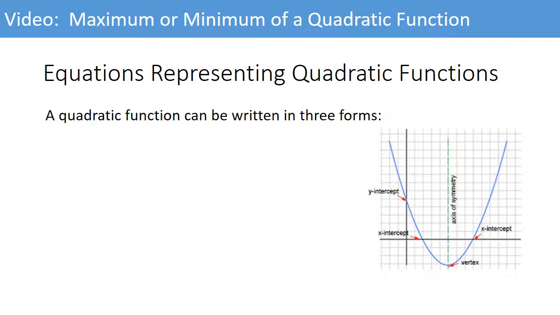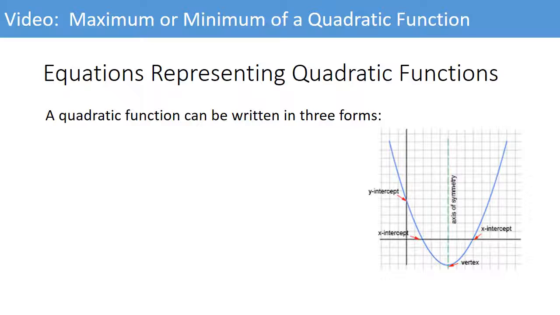A quadratic function can be written in three forms, but let's start by reviewing the key components of a quadratic function. First, we have the y-intercept. This is the point where the graph crosses the y-axis. You can also have, but not always, two x-intercepts.